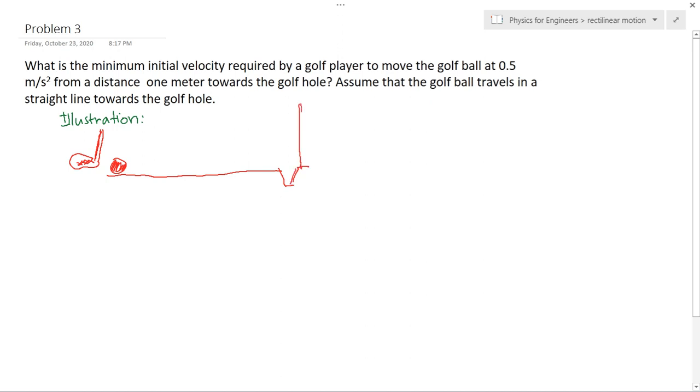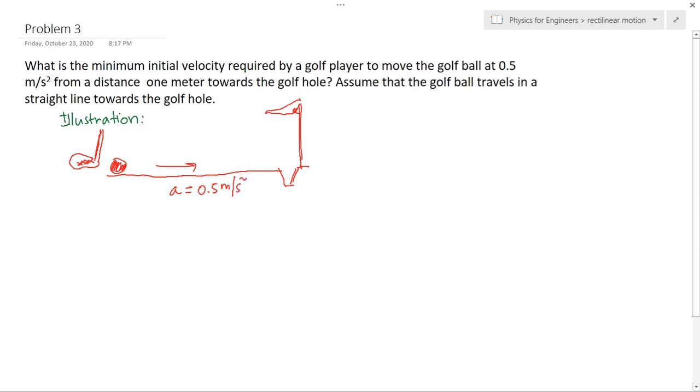So that is like its goal. And then its movement has an acceleration. So its acceleration is 0.5 meter per second square.